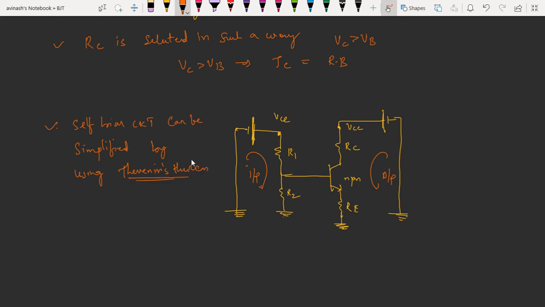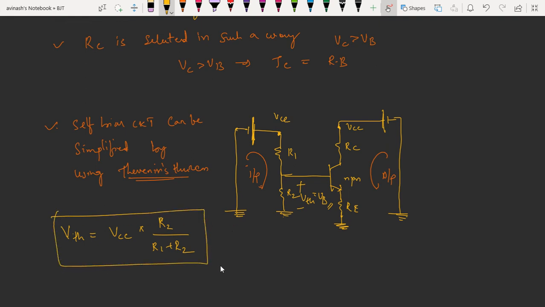How do we find the Thevenin's voltage? I want to find the voltage across it. Thevenin's voltage is nothing but the base voltage. Voltage at R2 is equal to total voltage VCC into R2 divided by R1 plus R2. So this forms the Thevenin's voltage.